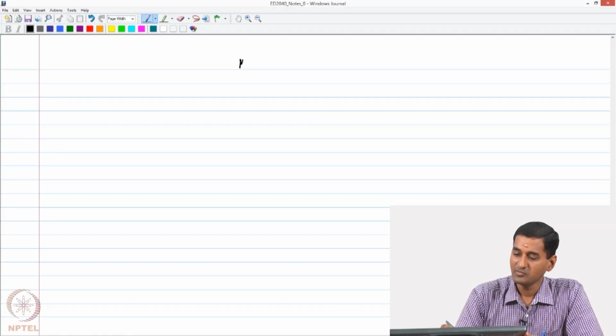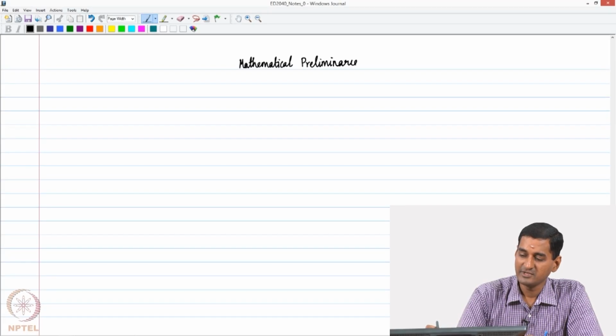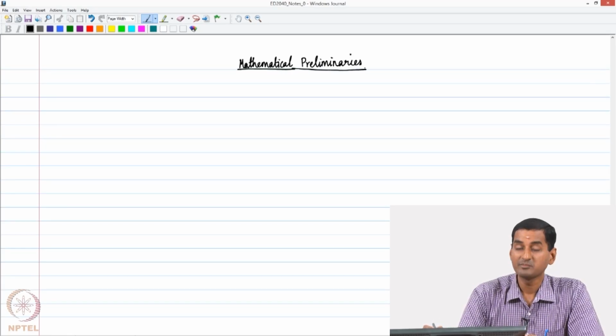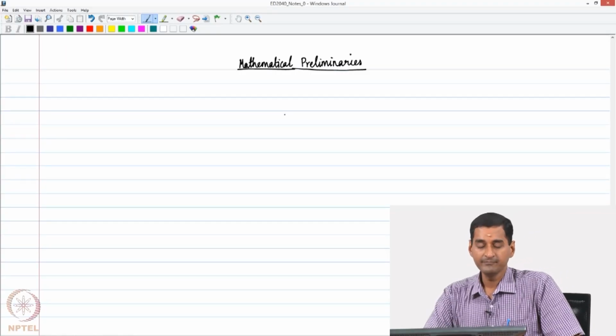Okay, so now having obtained a big picture viewpoint of what we are going to study in this particular course, let us have a brief recap of what mathematical tools we would be requiring.